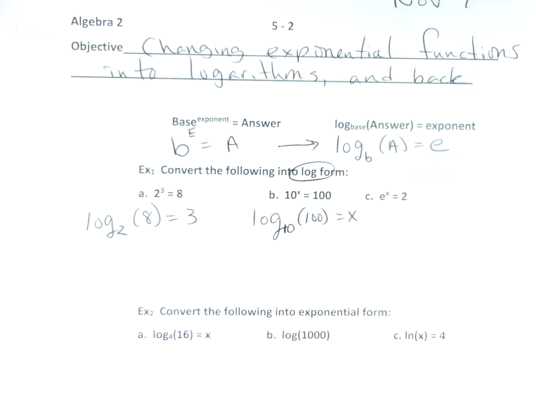Now take a look at your calculator and look at the log button. You guys see the log button? Way long time ago, caveman time, caveman started this whole thing called base 10. This is why we're base 10.